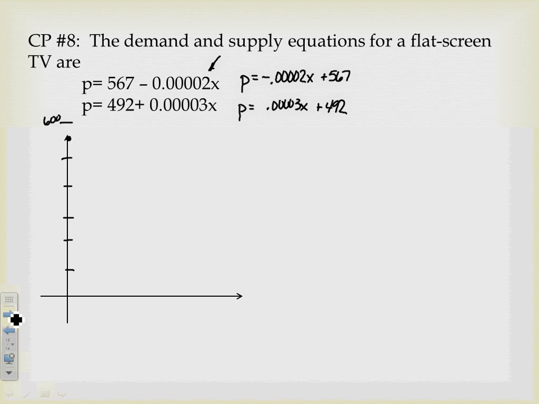All right, so I know that this is that, and I know my other intercept, let's see, 1, 2, 3, 492 is going to be right about here. But using that kind of a slope is pretty rough. So let's do this with a system.